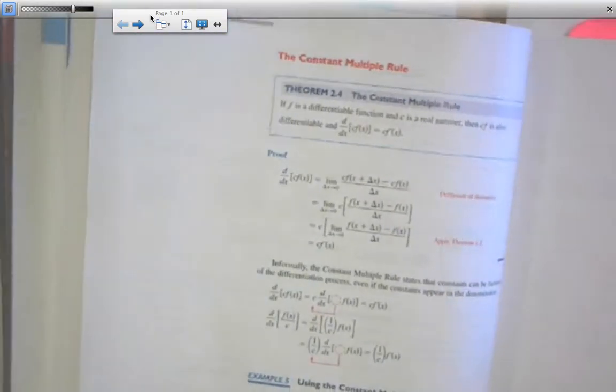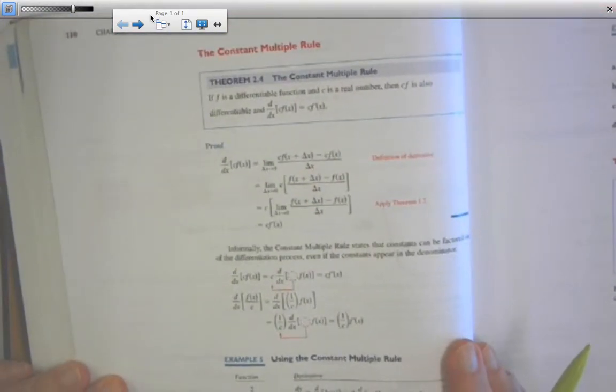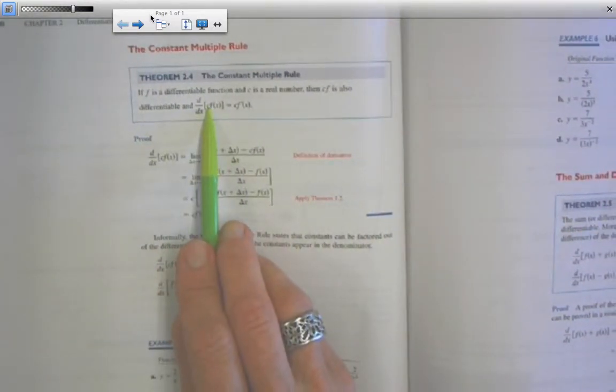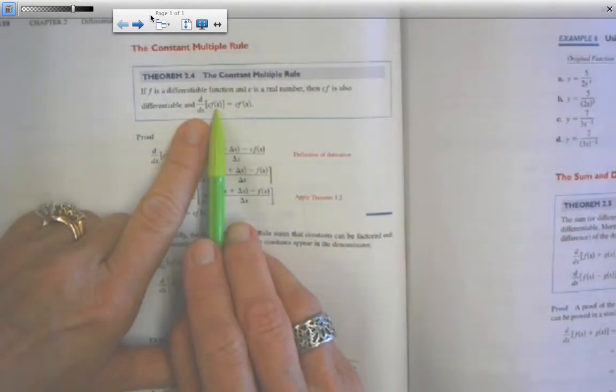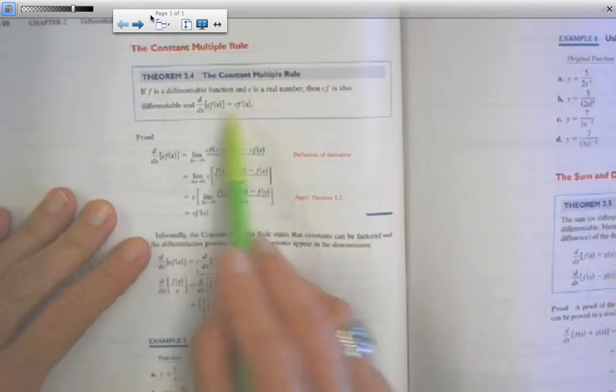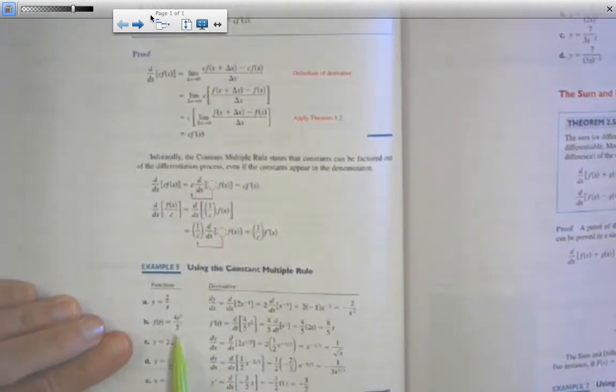All right, turn the page in your book to 110. And we've already kind of worked this rule. It says if you have a function and you have a coefficient in front of it, then when you take the derivative, you still use the power rule. You just multiply it by the coefficient in front. For example, look at the example.